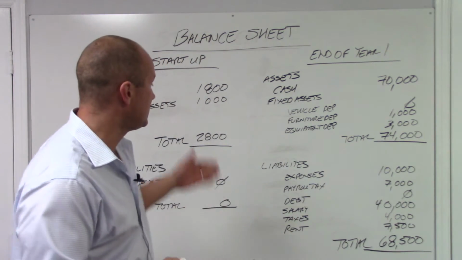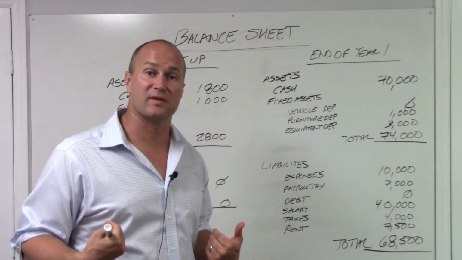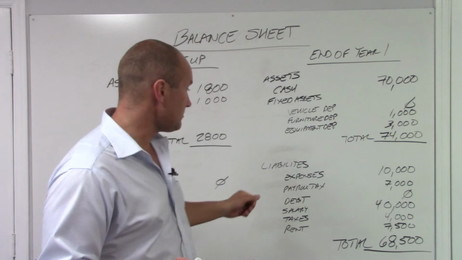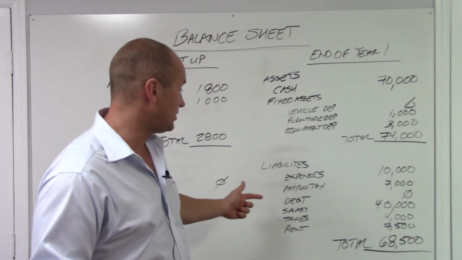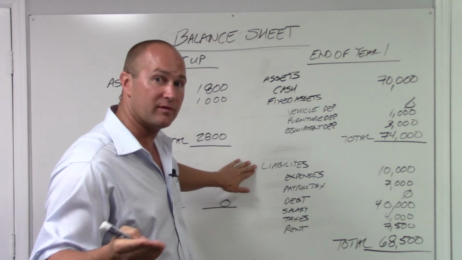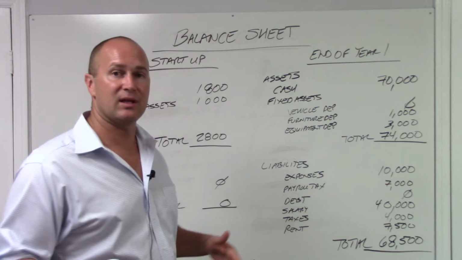Okay. Now we did have a lot of expenses. We started to pay ourselves a salary after a few months. You can look at some debt, you can look at taxes, rent, etc. So let's go over an example of your liabilities now. So just general expenses to keep the clinic running.